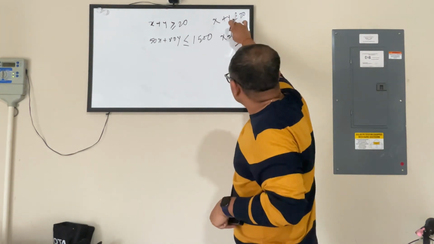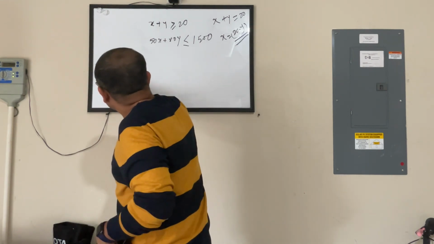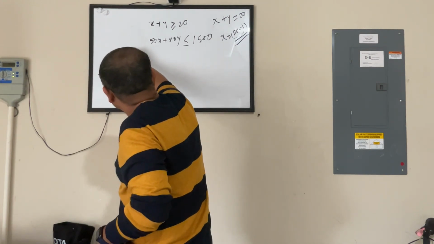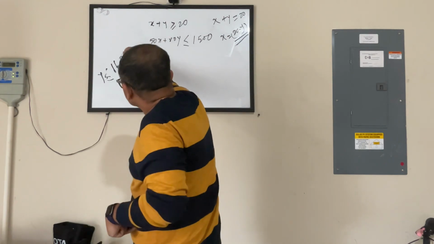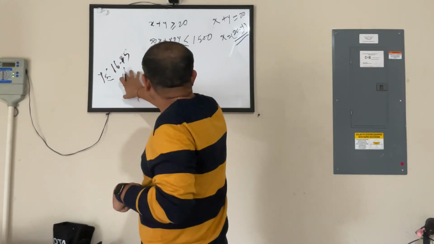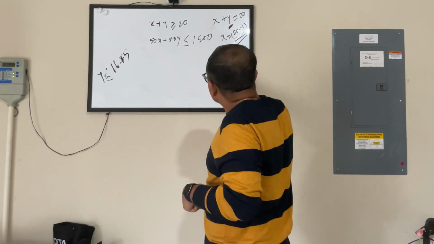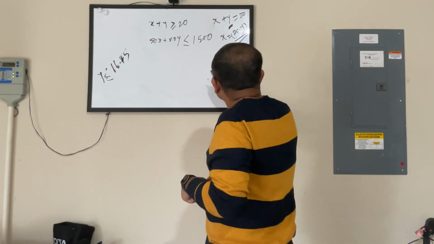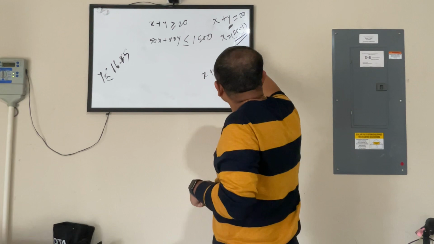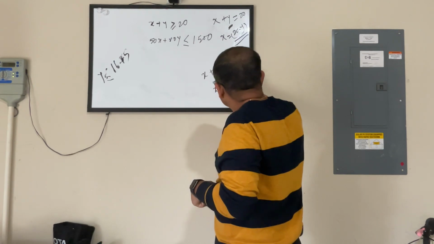So you have to pick up the equal to and put that in the equation. From this one you get y is less than or equal to 16 point whatever we got. So when we are putting 16, x plus 16 has to be greater than or equal to 20. So x has to be greater than or equal to 4.